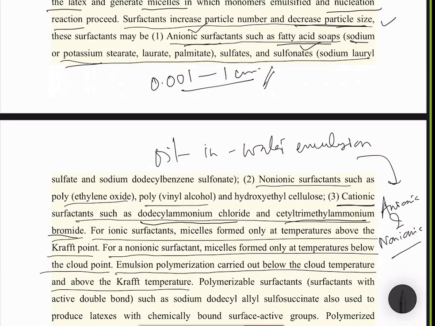And another variety is a non-ionic surfactant, which does not bear a charge, for example polyethylene oxide, polyvinyl alcohol, hydroxyethyl cellulose. So these act as non-ionic surfactants.